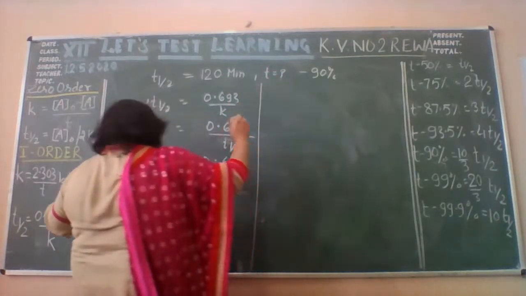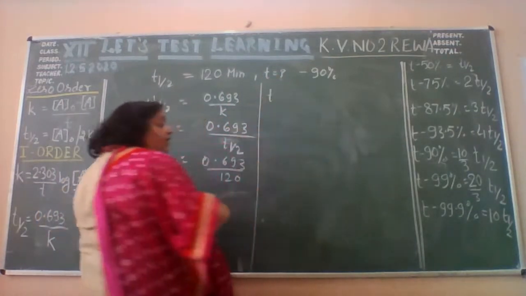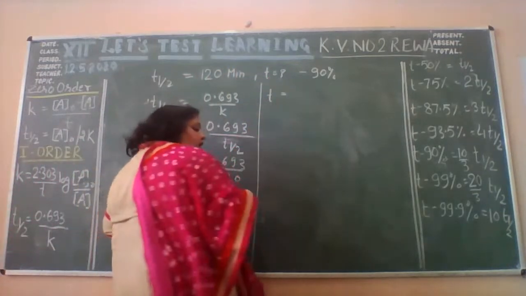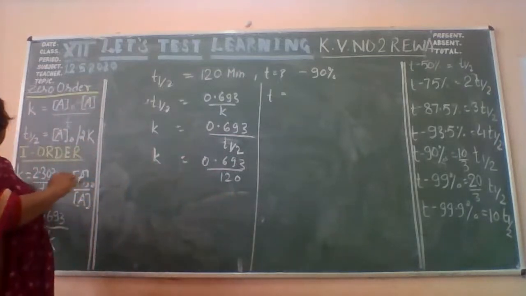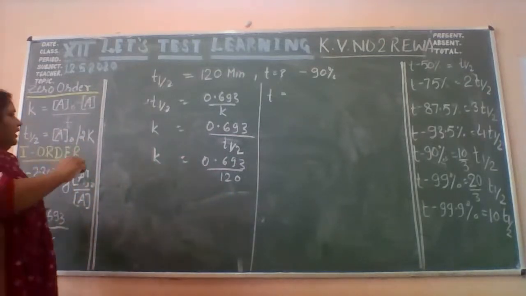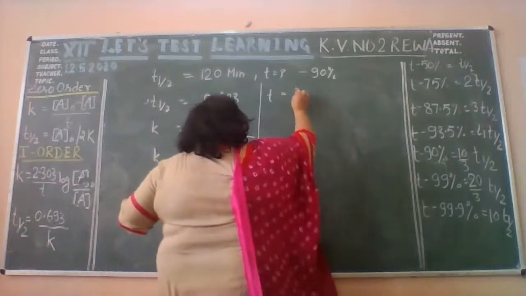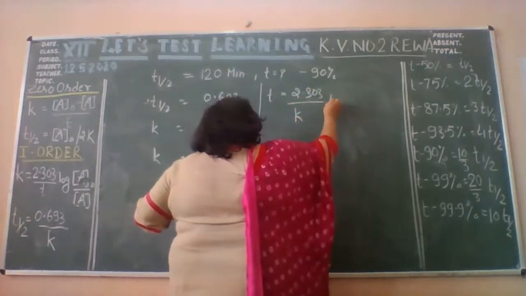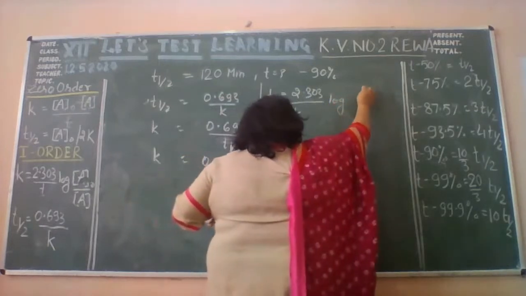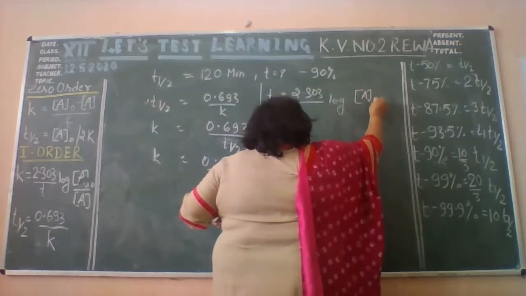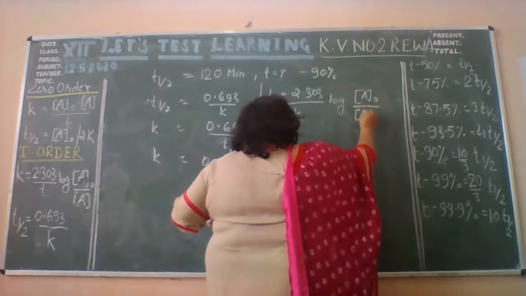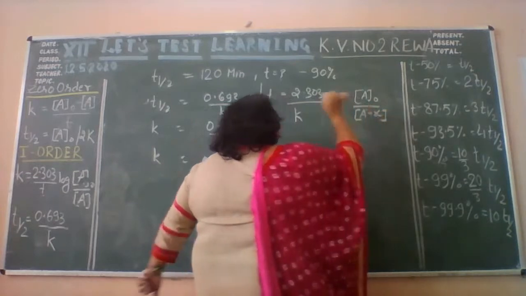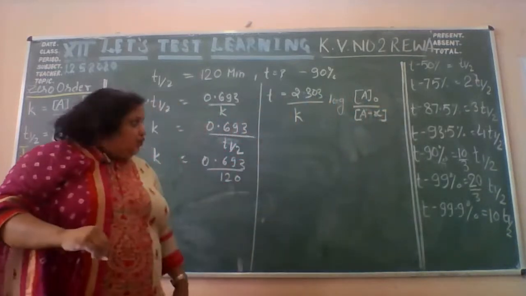Now, what you have to use? You have to find out the T, time for the completion. This is equal to T, remember the formula, it is in front of you, right? T is equal to 2.303 upon K log A naught upon A, or best I write it as A minus X for this particular question.